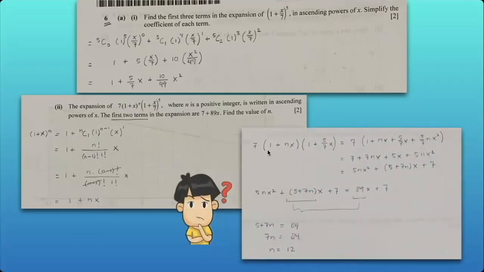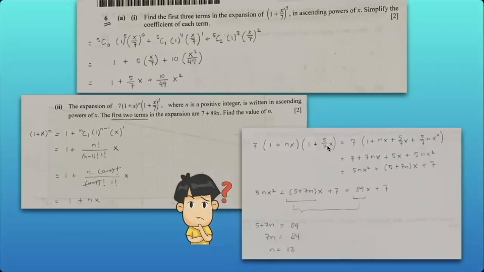Next step, we just multiply. So we have 7 multiplied by (1 + nx) multiplied by, here I just take the first 2 terms from this expansion.